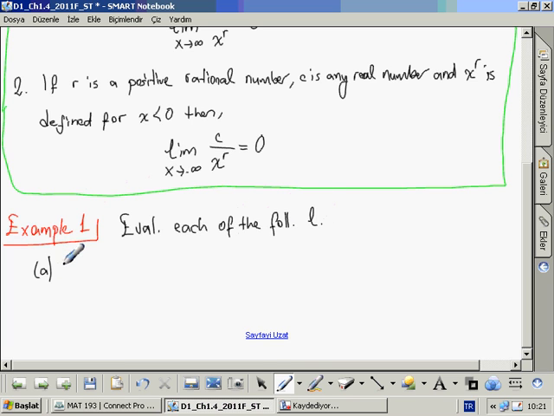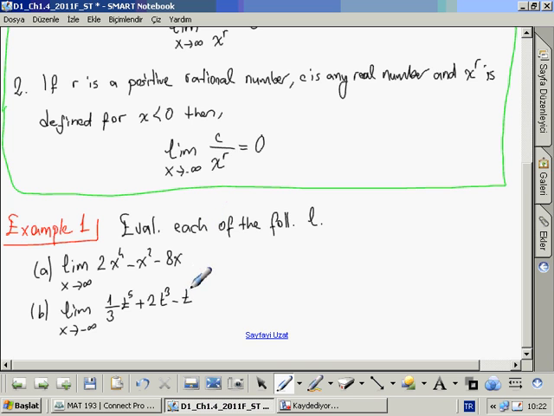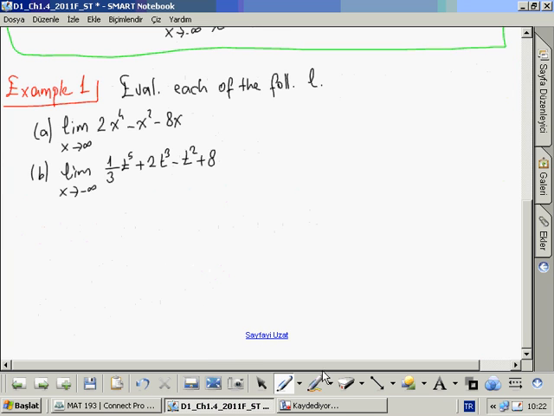Part A, limit as x goes to infinity of 2 times x to the power of 4 minus x squared minus 8x. And part B, limit as x goes to minus infinity of 1 over 3 t to the power of 5 plus 2 t cubed minus t squared plus 8.